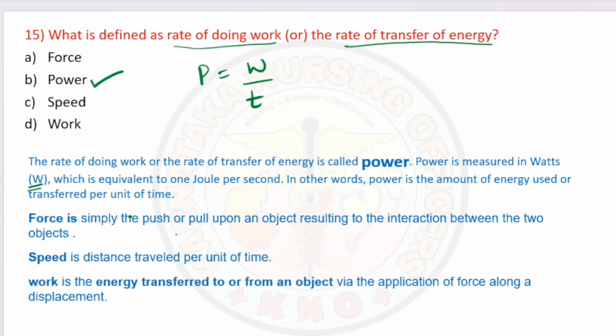And what is speed? Speed is the distance traveled by an object per unit time. And what is work? Work is the energy transferred to or from an object through the application of force along a displacement. So next question.